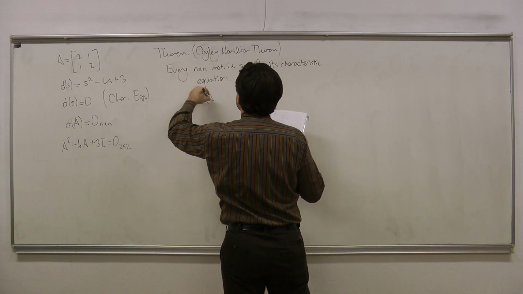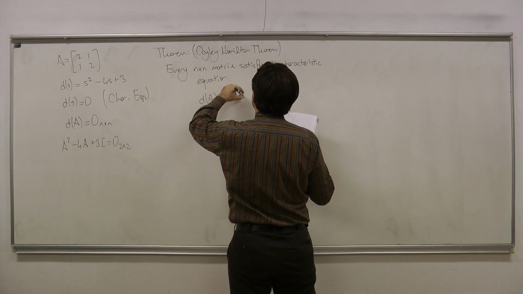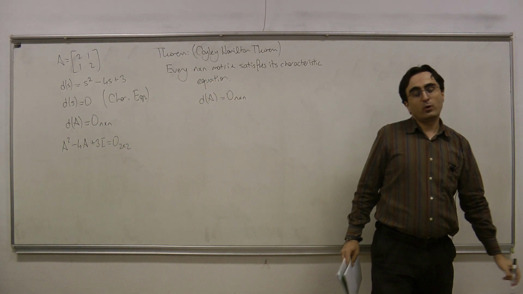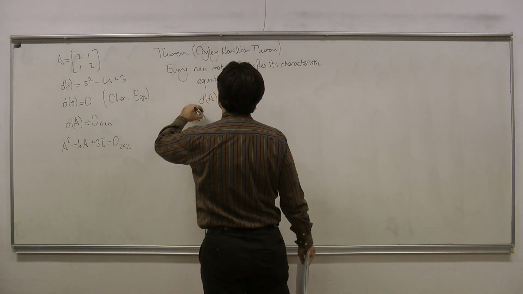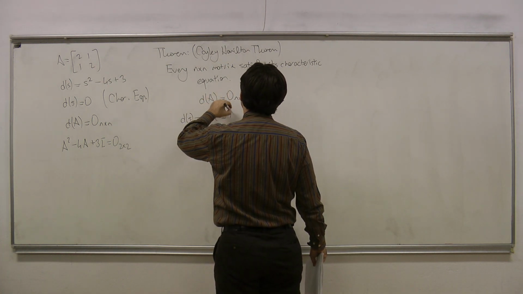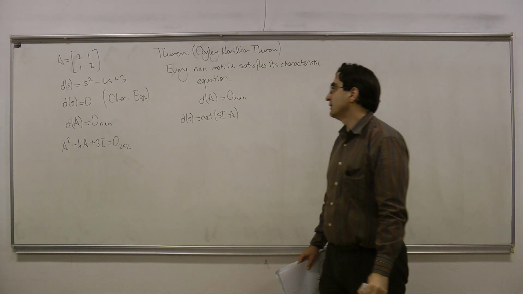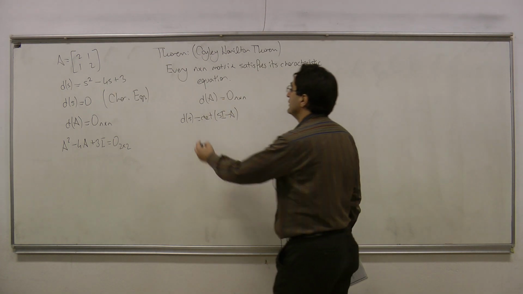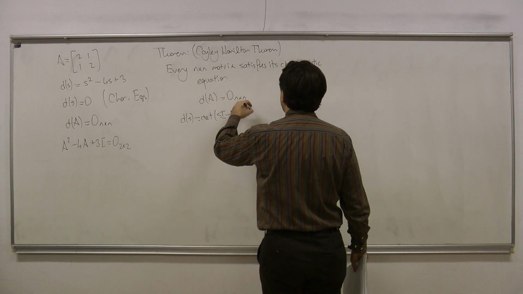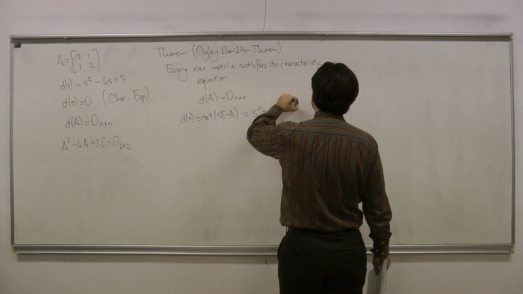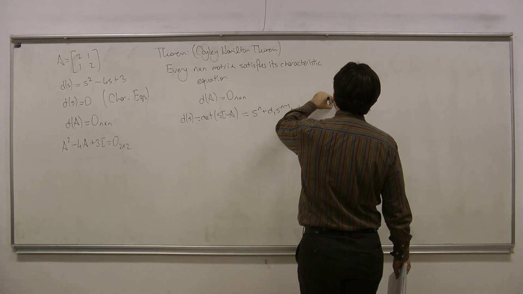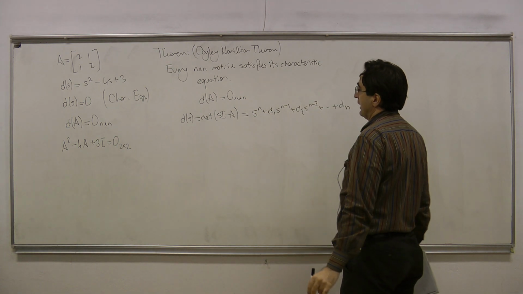It means that d of A is equal to 0, n by n, where, of course, d of s is the characteristic polynomial, determinant of sI minus A. And d of s in general has the following form: s to the n plus d1 s to the n minus 1, plus d2 s to the n minus 2, going until dn.